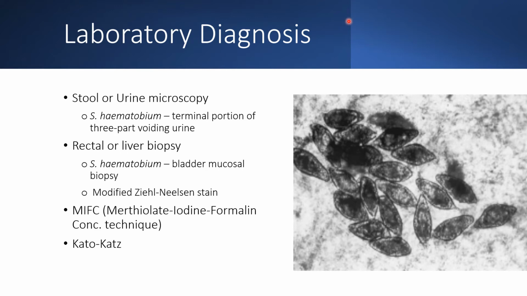So if may eggs na siya, guys, to visualize the lateral spines, you can tap the cover slip to move the eggs. Okay, so for hematobium, we can see hematuria or blood on the terminal portion of the three-part voiding urine. In this three-part voiding urine, the first portion comes from your urethra, the second portion from the ureter, and the last portion from the bladder.